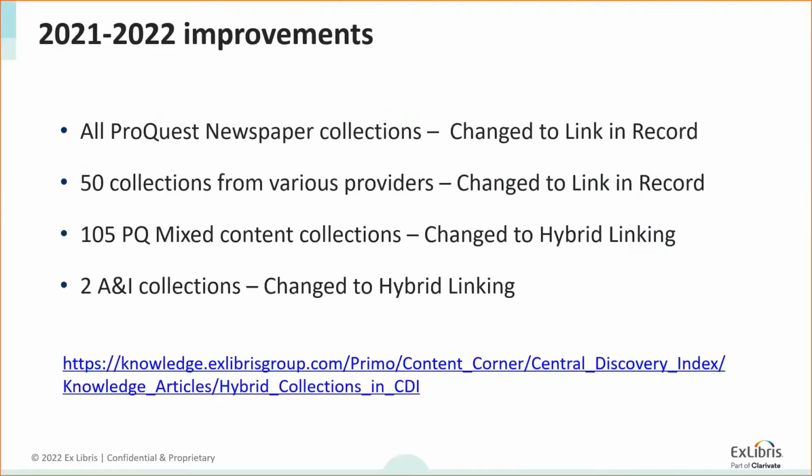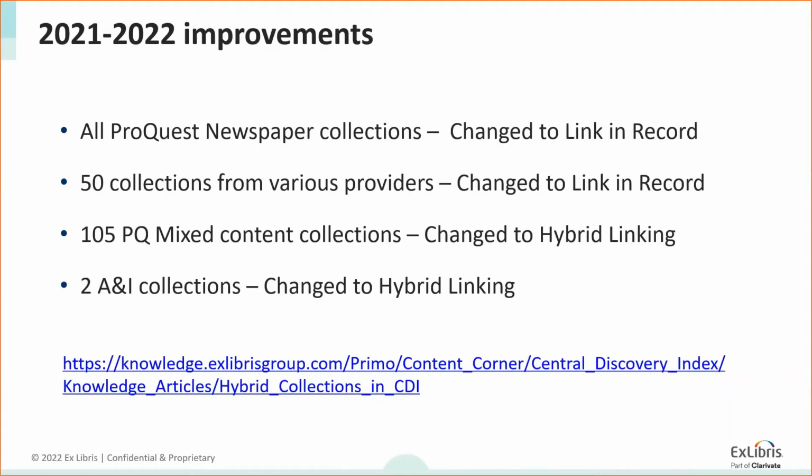What we actually did is we changed all of the newspaper collections from ProQuest to use link in record. We understood that the content is, in very high percentages, unique to ProQuest, and in many cases, when it comes to historical newspapers, there are no identifiers or they're not reliable enough, and for this reason we changed them to link in record.